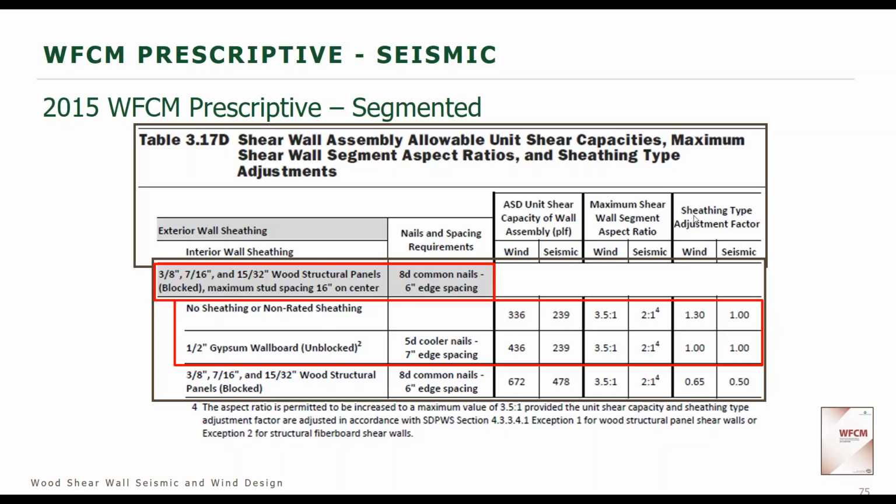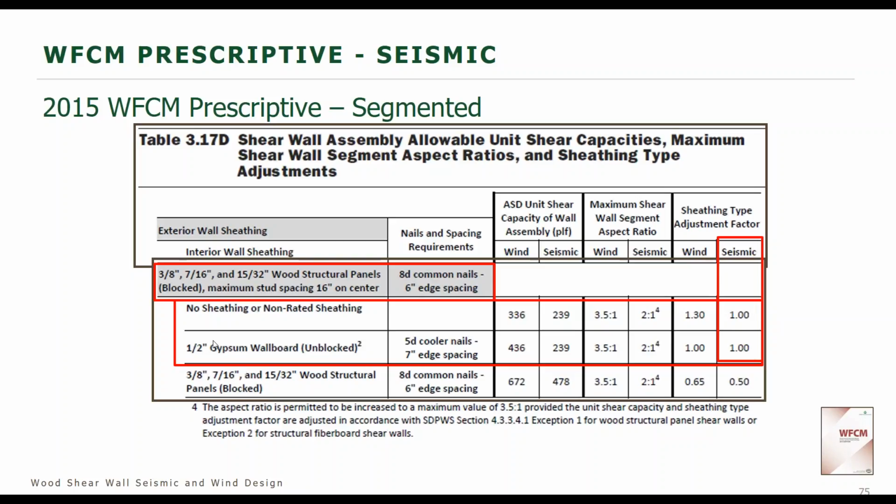But if you recall, here's the sheathing type adjustment factor, and this is the column for seismic. There we go, seismic. And if you recall in the beginning when I talked about the minimum construction of our wall, we do not take into account the gypsum on the inside of the wall. So that's why the first row is 1. That means there's no adjustment.